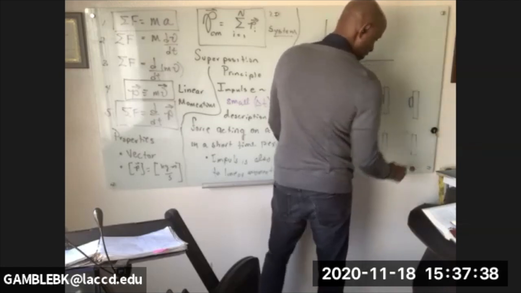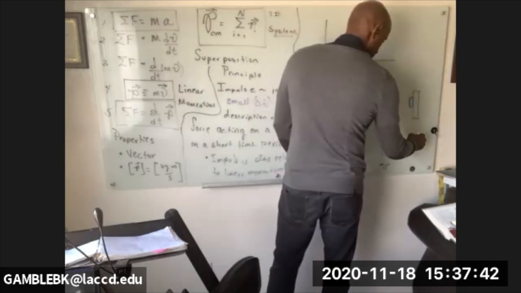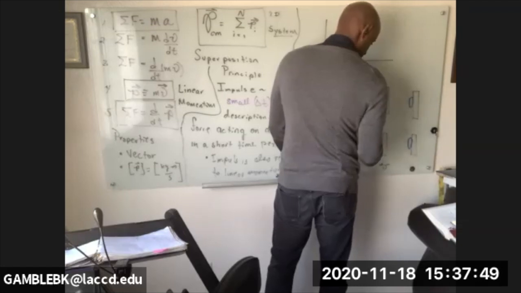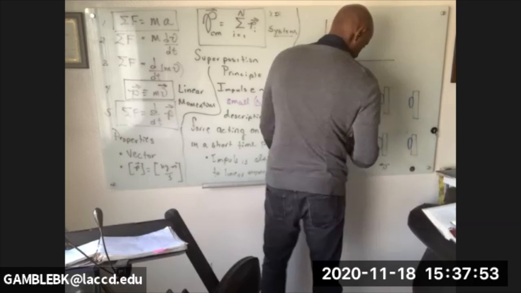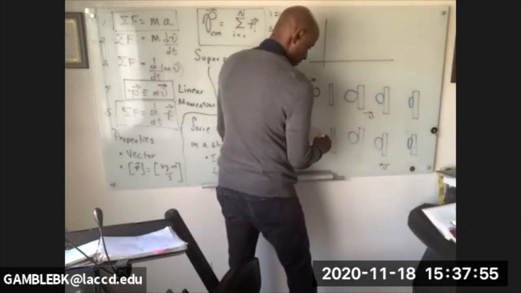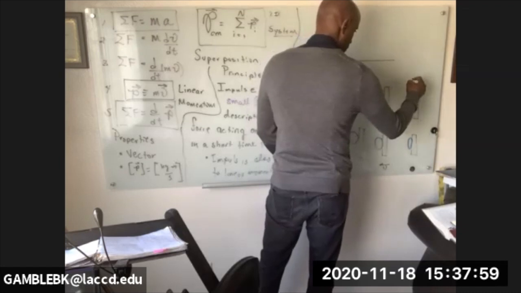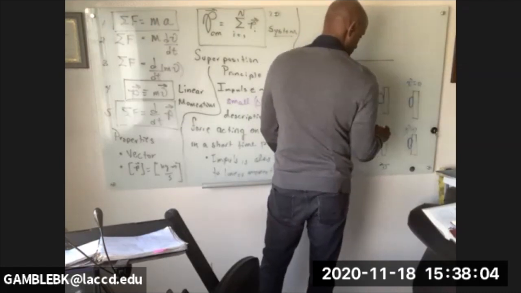And then it bounces off and comes back in the other direction, away from the wall. So here the velocity is still going in. V equals 0, then bouncing back.